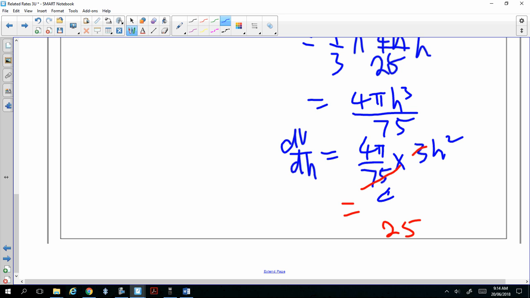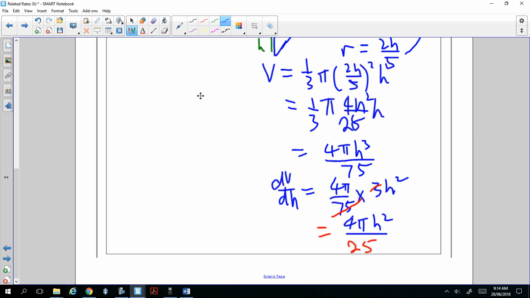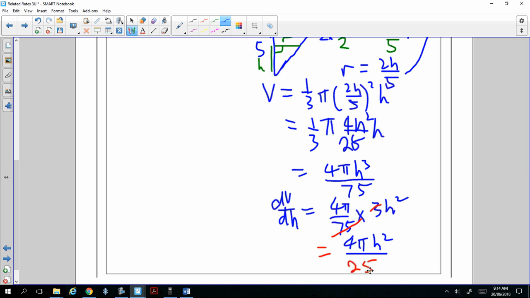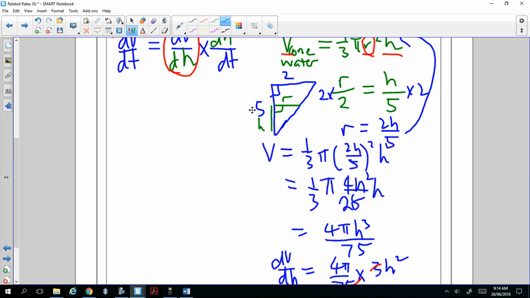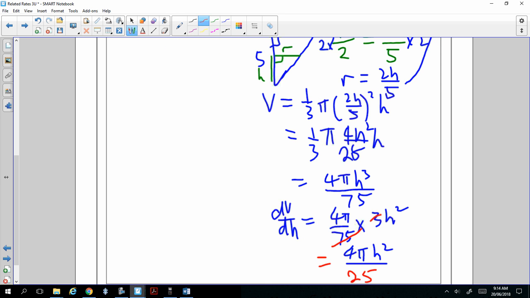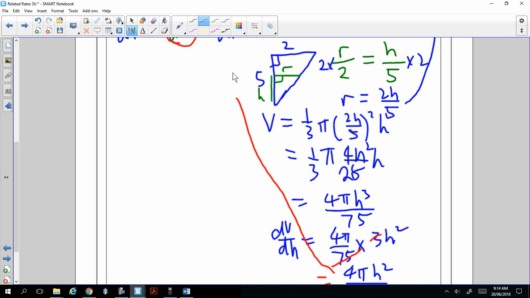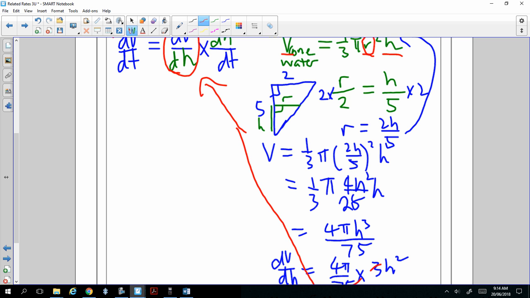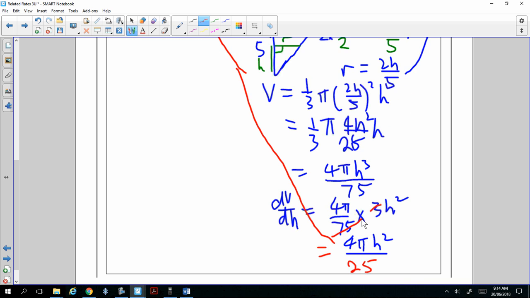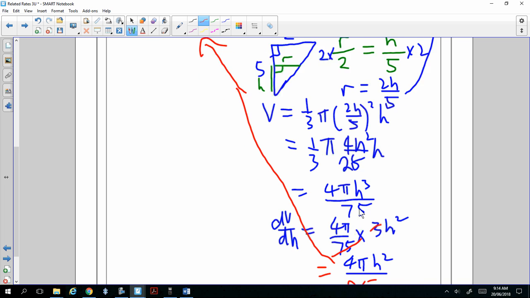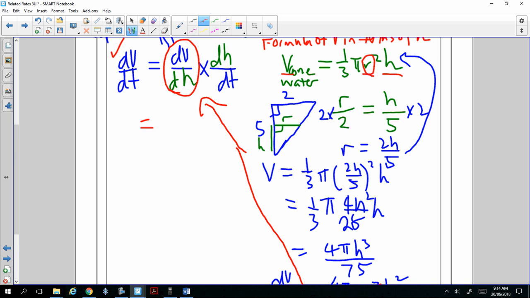Once we do this, we're going to substitute this into the formula there. So it's 4 pi h squared over 25 times dh/dt, which we don't know.